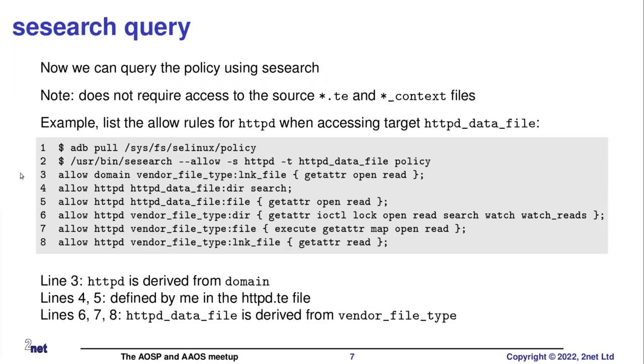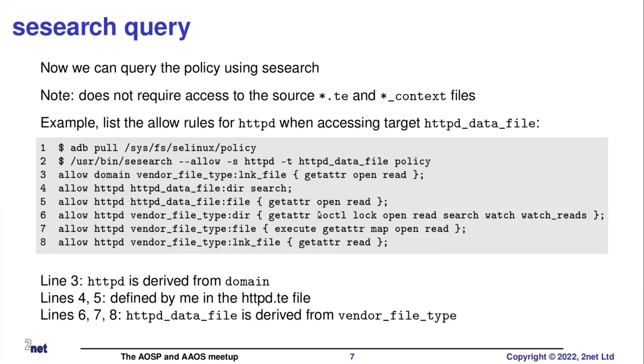So HTTPD can also do the things that domain can do. Likewise, HTTPD data file is a type of vendor file type. Because there are rules elsewhere that say that essentially domain can access these vendor file types, we can also do various other things on directories as well.